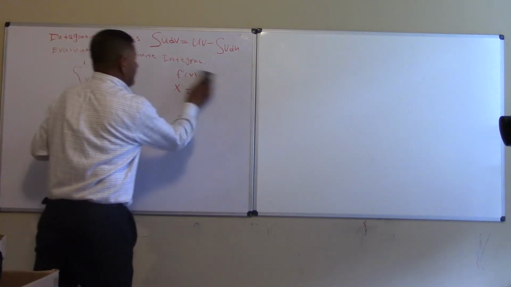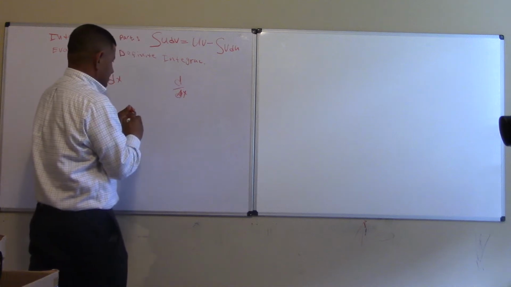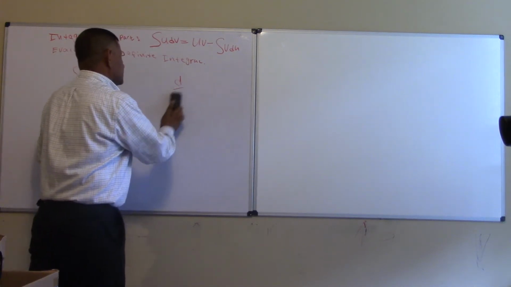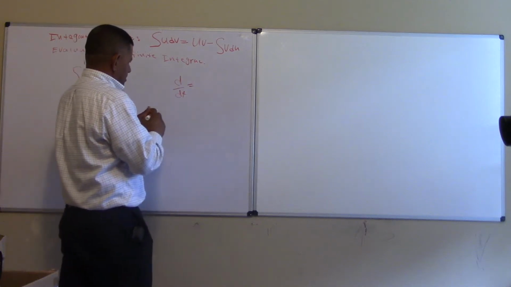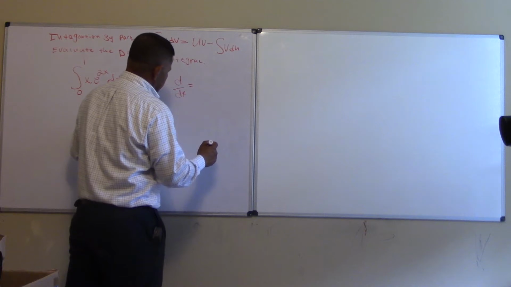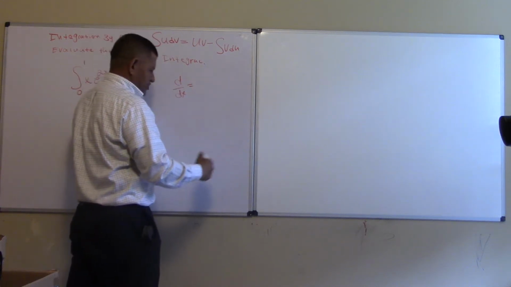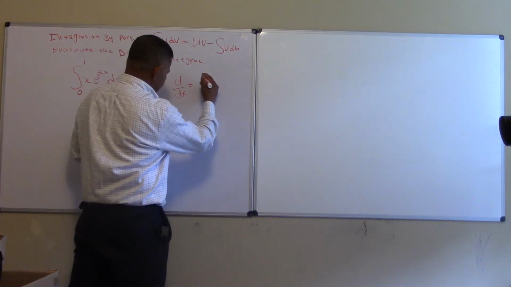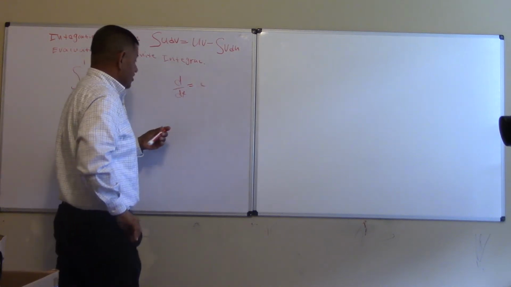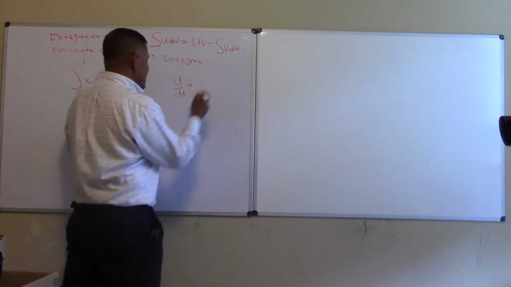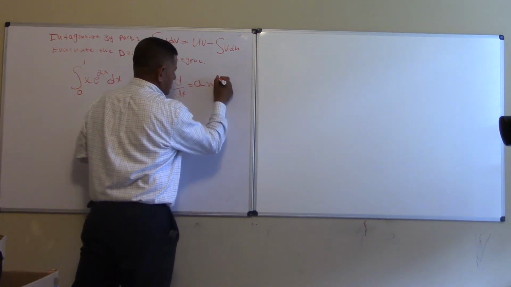Now, how do I get dx here? Let me do this quickly. The formula for the derivative is the following: d over dx of a x to the n is equal to a n x to the n minus 1.